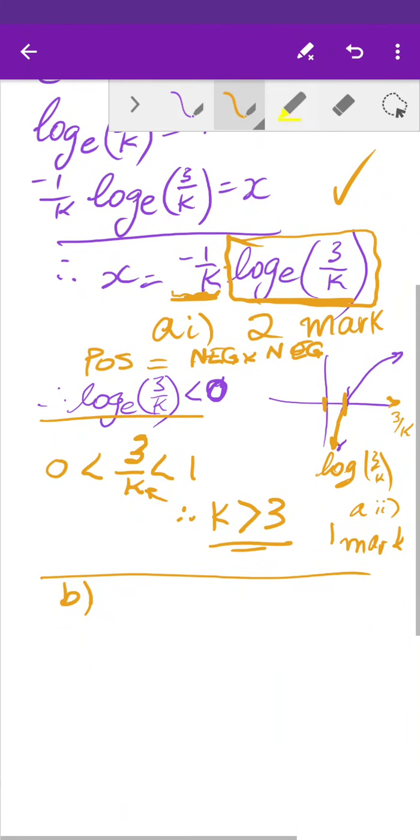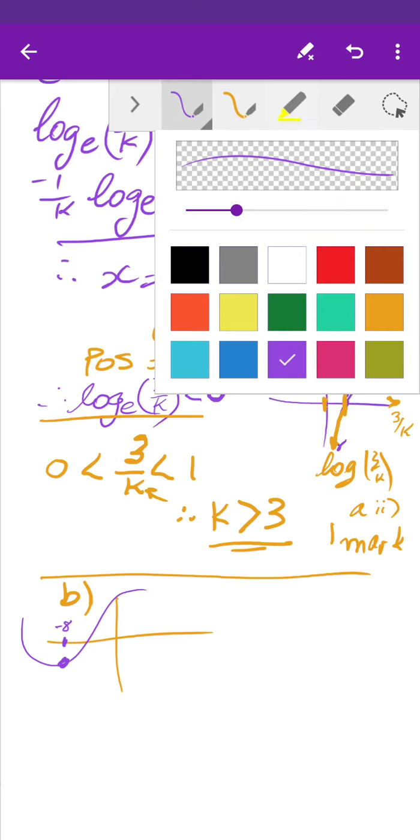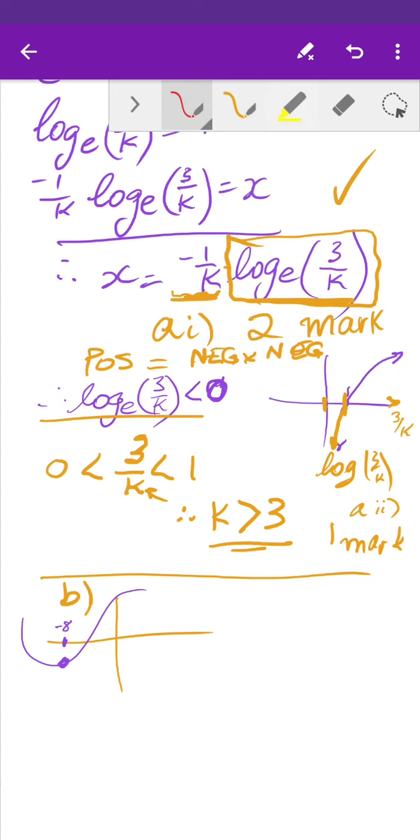Alright, well, we have some sort of a function. Now, when x is negative 8, the tangent to that curve there will pass through the origin.